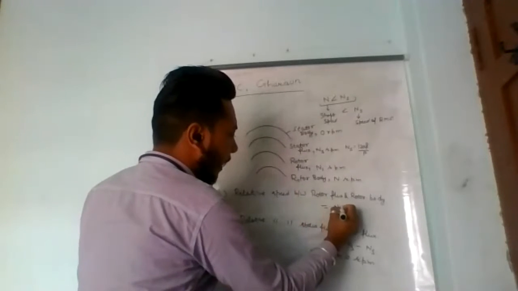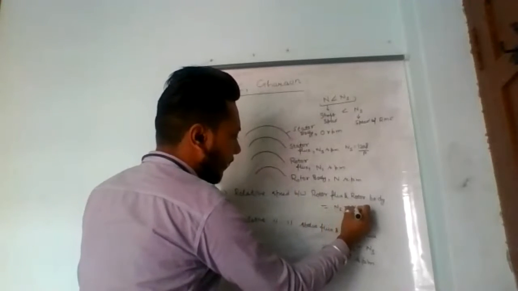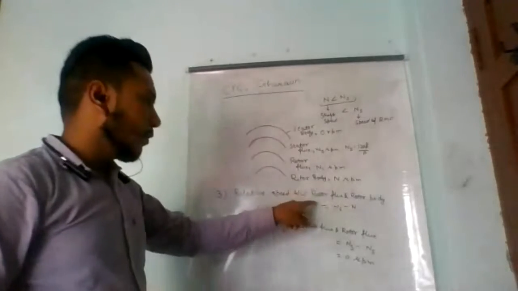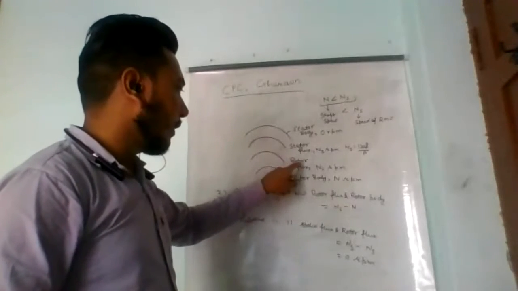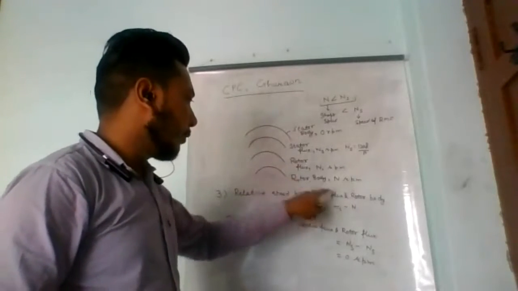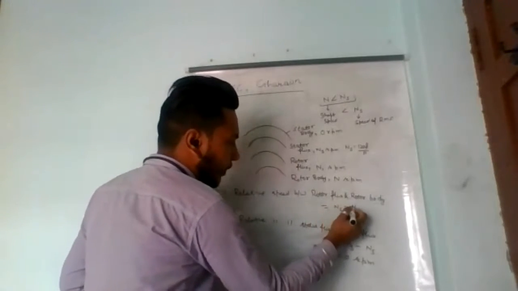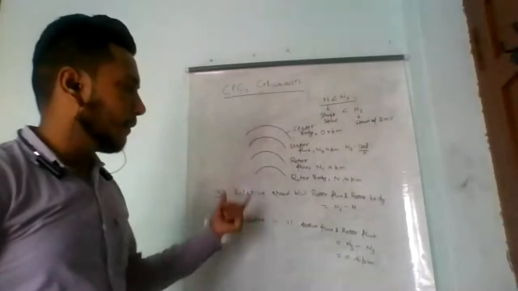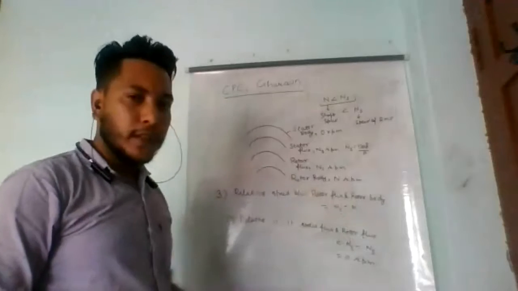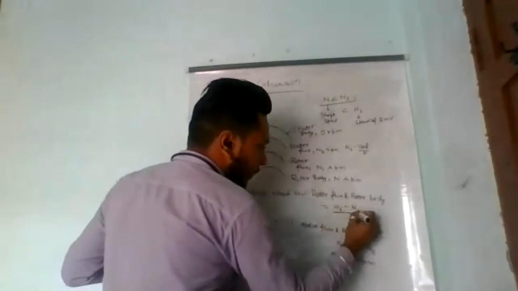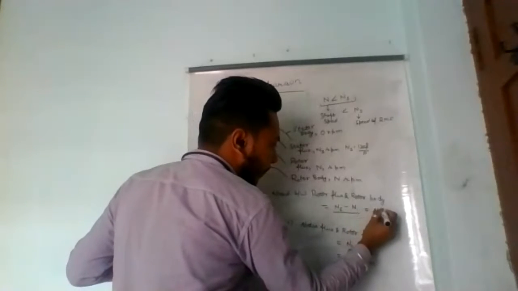This is nothing but ns minus n. Here the rotor flux speed is ns, and the rotor body speed is n. If we subtract n from ns, it gives the relative speed between the rotor flux and the rotor body. And this ns minus n is nothing but the slip.